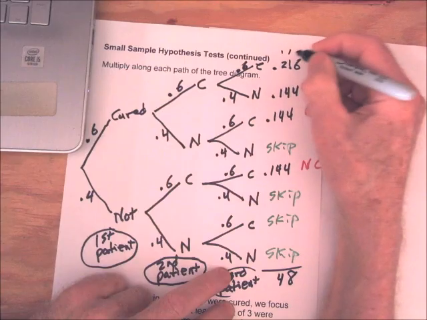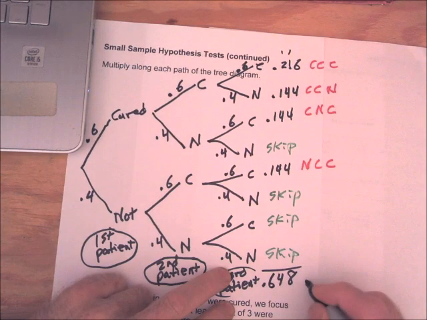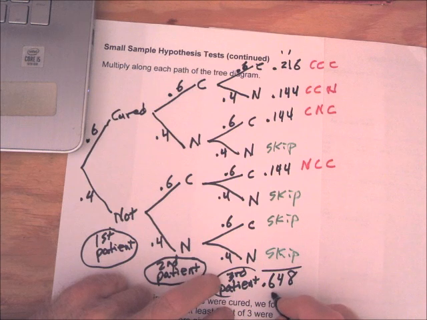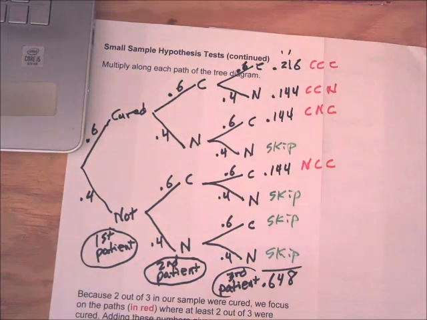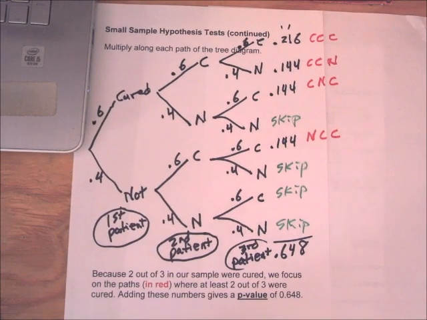Carry the 1. 1, 2, 3, 4, 5, 6. So the total is going to be 0.648. So our p-value is 0.648. Okay. So it's the probability of getting 2 out of 3 cured if H0 is true.